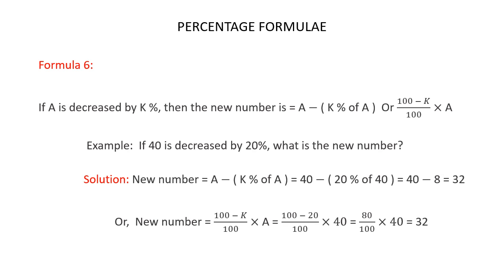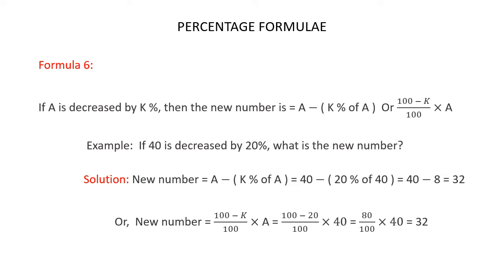So the decreased value is 90 by 100. Supposing a number is decreased by 40%, then the decreased value is 100 minus 40 divided by 100, which is 60 by 100. Similarly, if a number is decreased by 80%, then the decreased value is 100 minus 80 divided by 100, which is 20 by 100.